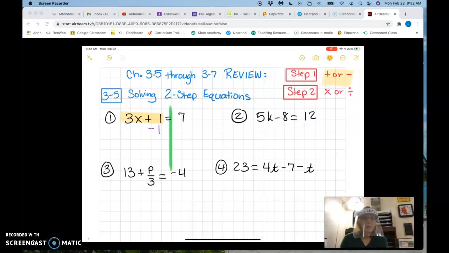Because that's what's next to the variable, a plus 1. So I'm going to do the opposite, which is minus 1. And whatever I do to one side of that equal sign or that big line that I drew, I have to do to the other side. So those cross out and I'm just left with 3x equals, what is 7 minus 1? 6.